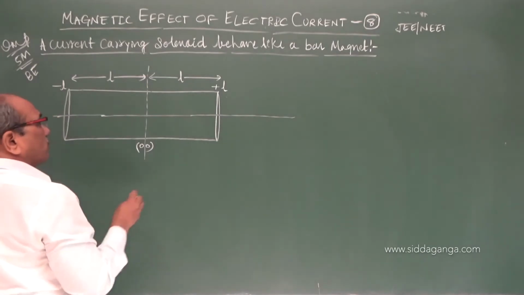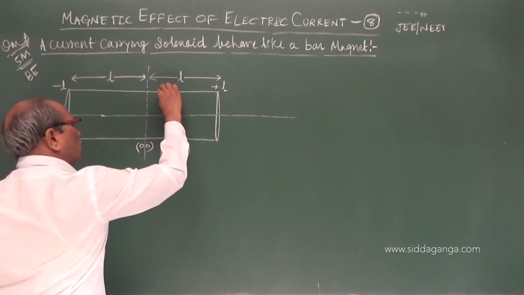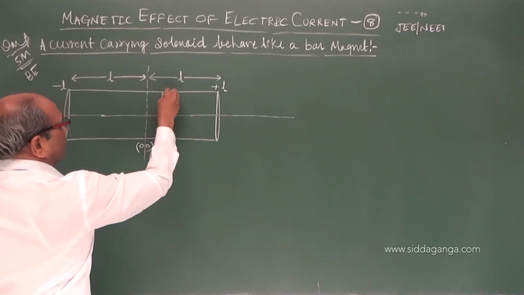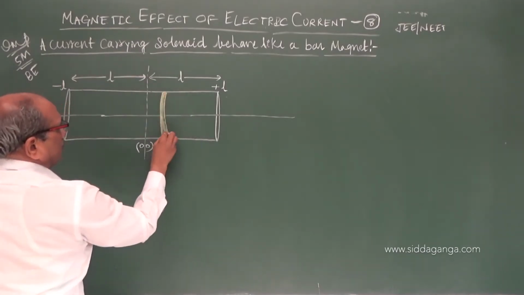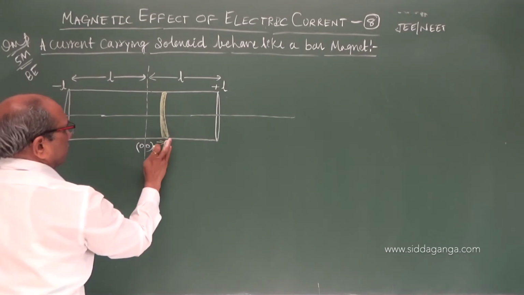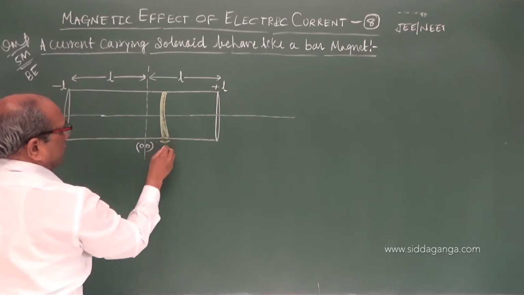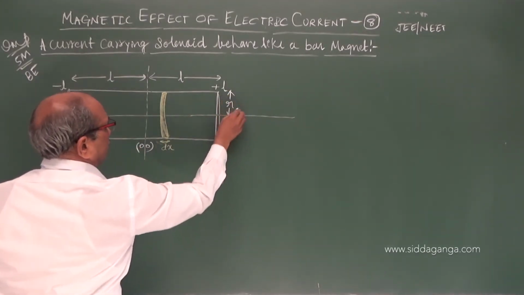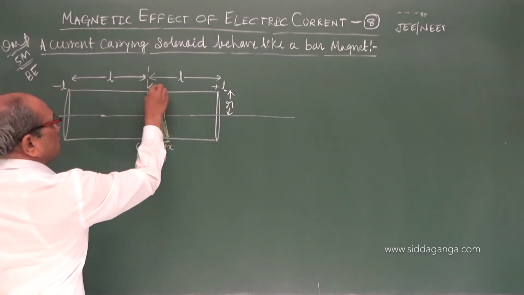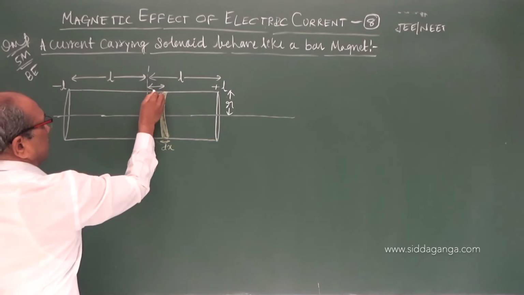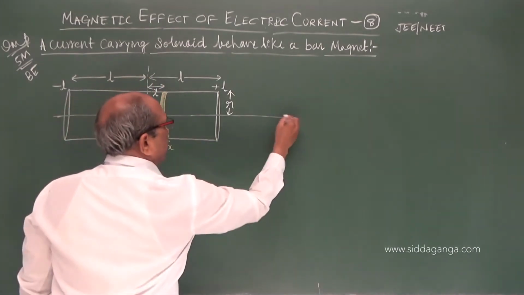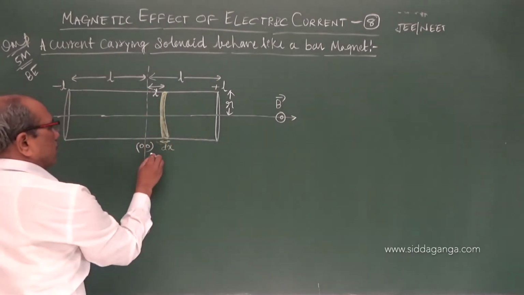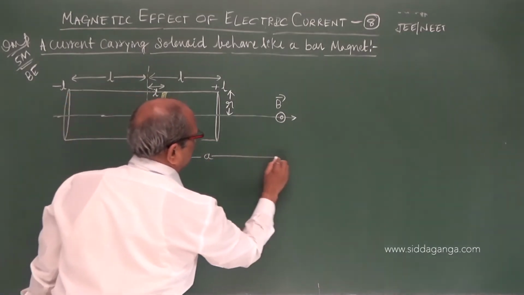Consider a small loop of thickness dx. The radius is r. The distance of the small strip I considered is x. The point where I am seeing the magnetic field B is at a distance a from the center of the solenoid.